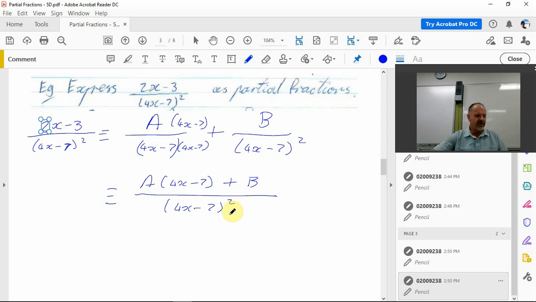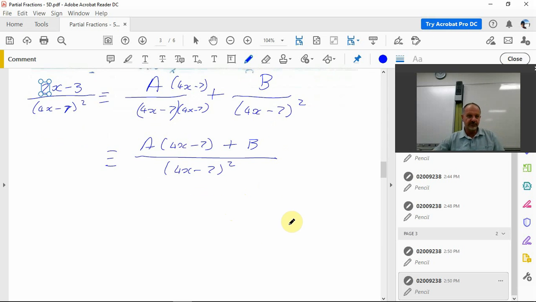And remember again, because these things are equivalent or the same, then our numerators have got to be the same. So 2x minus 3 has got to equal a times 4x minus 7 plus b.